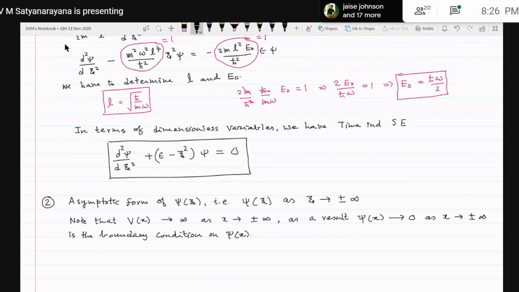But then how does it go to 0 is something that we have to understand. That means, what is the asymptotic form? There are several functions which will go to 0 as x goes to plus minus infinity, and like what function this psi will go to 0 is what we have to understand.